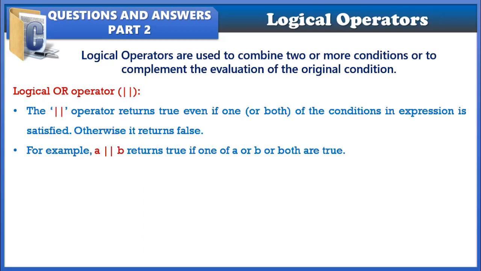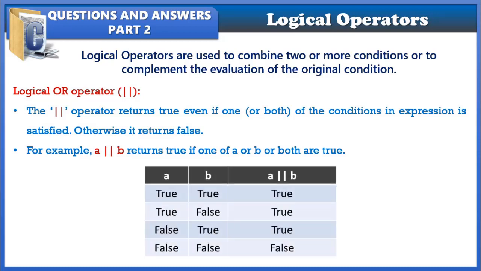Logical OR operator. The logical OR operator returns true even if one or both of the conditions in the expression is satisfied, otherwise it returns false. For example, A logical OR B returns true if one of A or B, or both A and B, are true. So this is the truth table of logical OR.